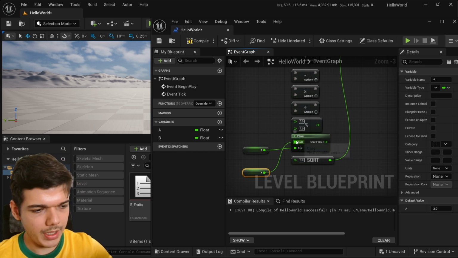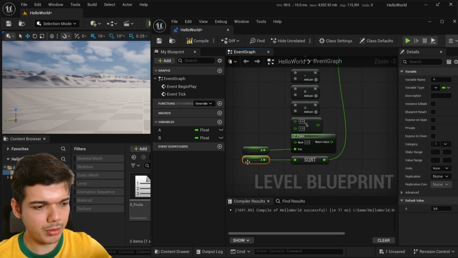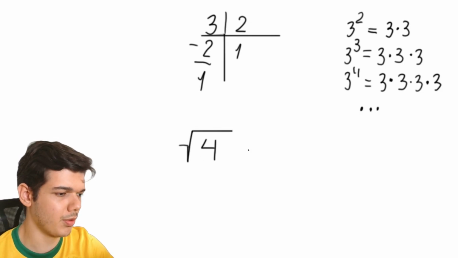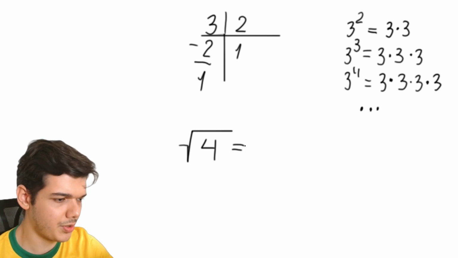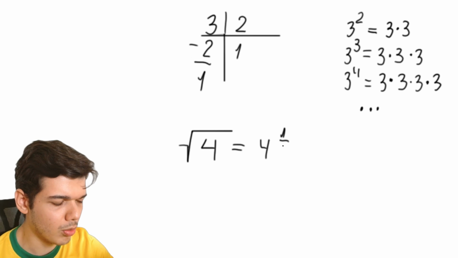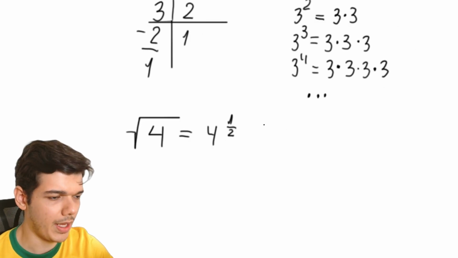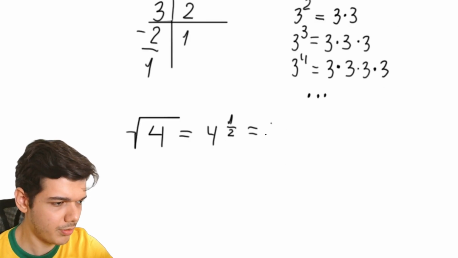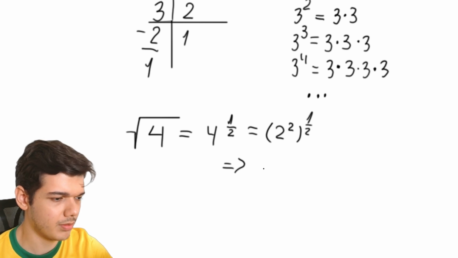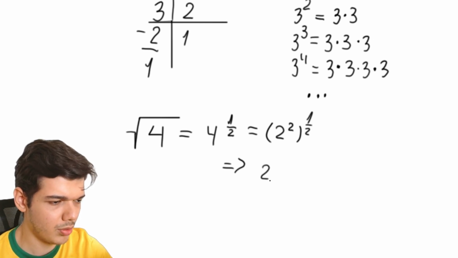And the last one, it uses one number, just one. Let's use A. And here we have the square root. The square root of 4 is the same as 4 to the power of 1 divided by 2, and it's the same as 2. So we multiply here the exponents. We have 2.